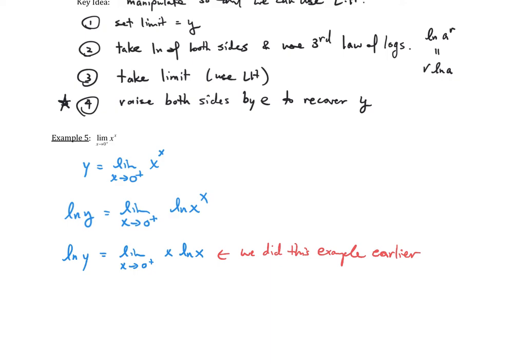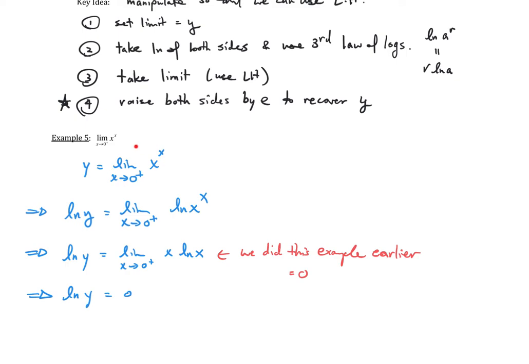So we know that that is actually equal to 0. So it equals 0. Okay. So then we end up with natural log of y is equal to 0. So I'm going to put little arrows on the left to indicate that we're going from one step to the next. So now we've calculated a limit, but we want to calculate our original limit.